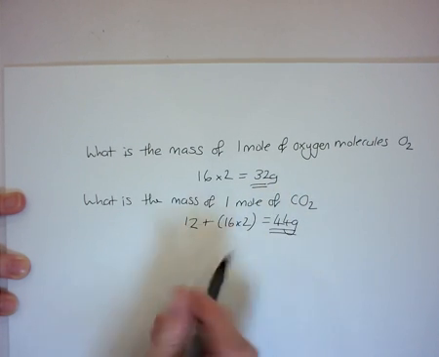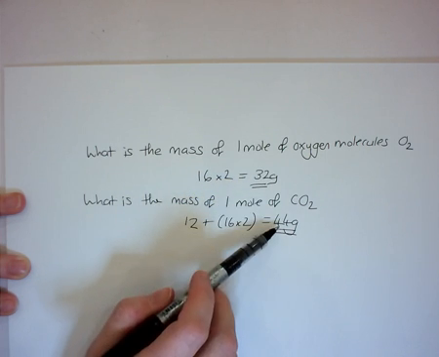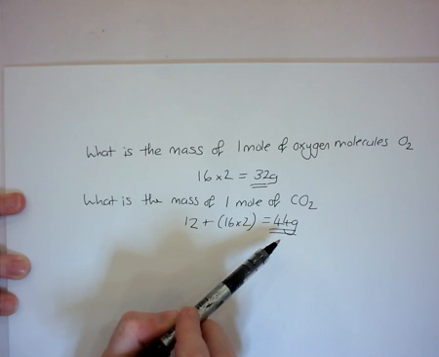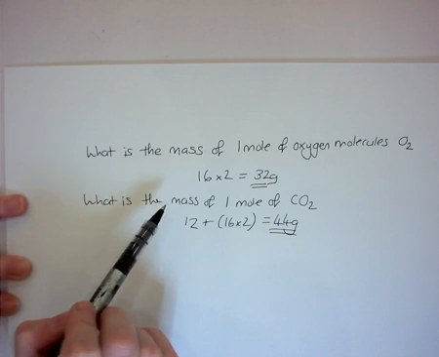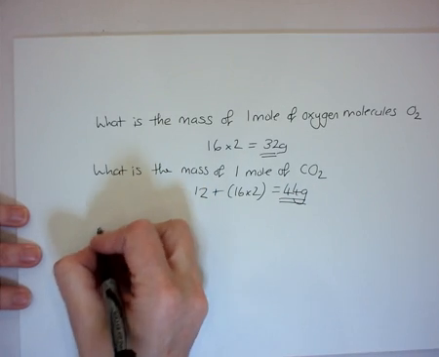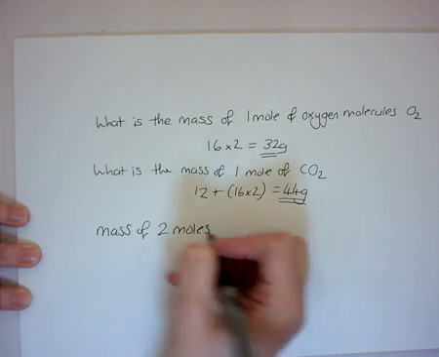So that is exactly what we did last lesson. We worked out the Mr of a compound or a molecule. We said it was called the relative molecular mass, but we can also say that it's actually the mass of 1 mole.